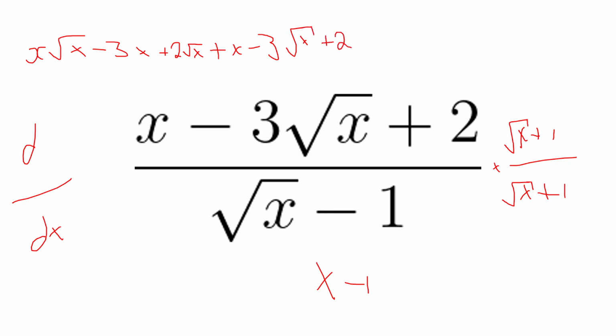Now, if we bring all the root x terms together, then we just organise the numerator. We get root x, and we have an x term here, we have a minus 3, we have a plus 2, and that leaves us with root x minus 1.